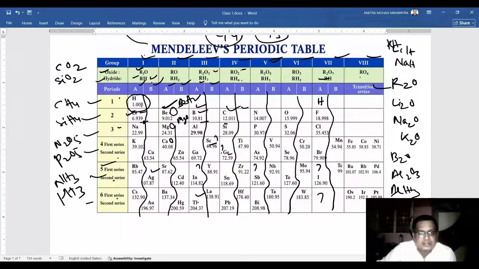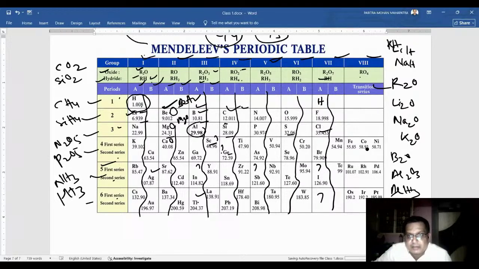Hydrogen 1.008, lithium 6.9, beryllium atomic mass increases, boron 10.8, carbon 12, nitrogen 14, oxygen 15, fluorine 18, already correct. Sodium 22, 23, magnesium 24, aluminum 29. Magnesium 24.3, silicon 28.09, aluminum 29. Again, here it increases, here also it increases.